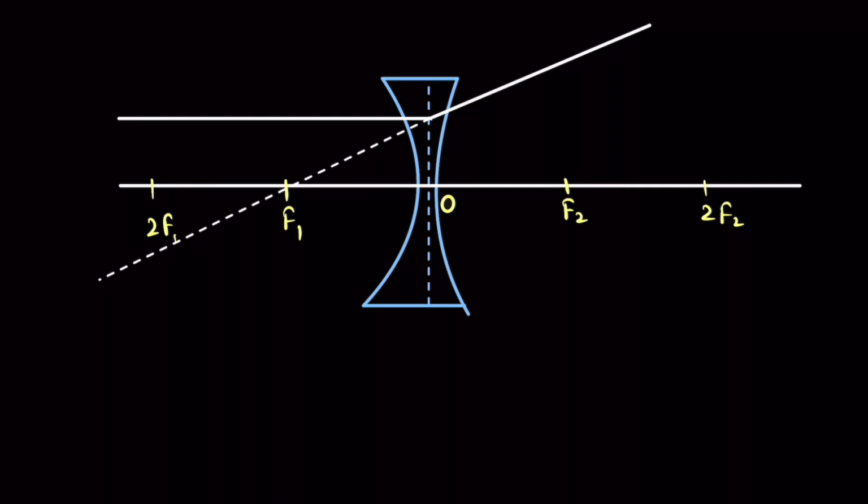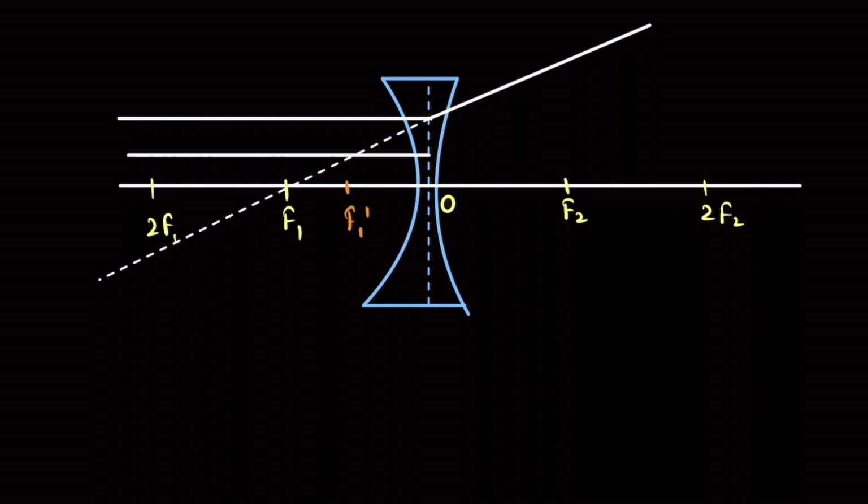Now this f1 moves towards the optical center. Suppose this is the new focus f1. Let's check the incident ray which is parallel to the principal axis. What will happen? It will diverge and it will pass through the new f1.